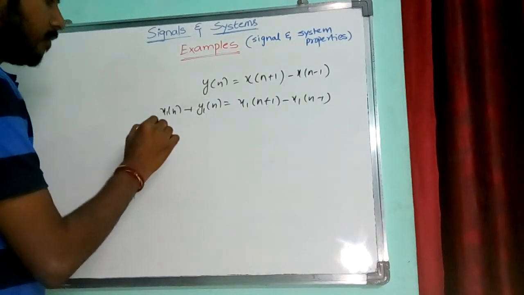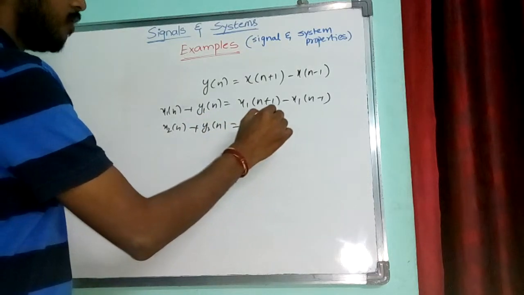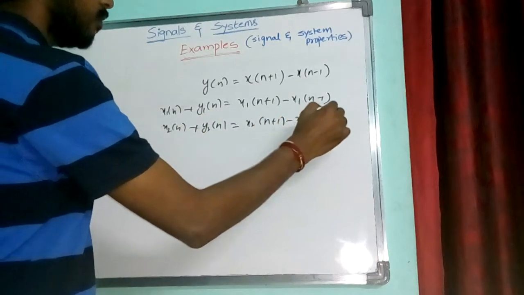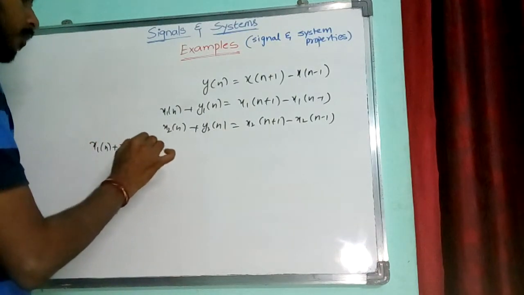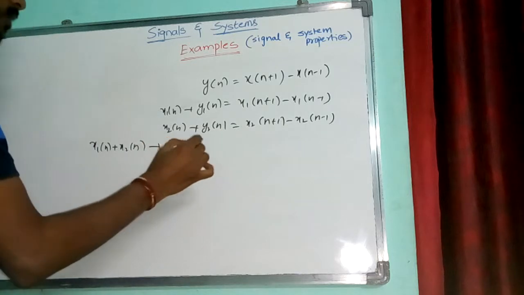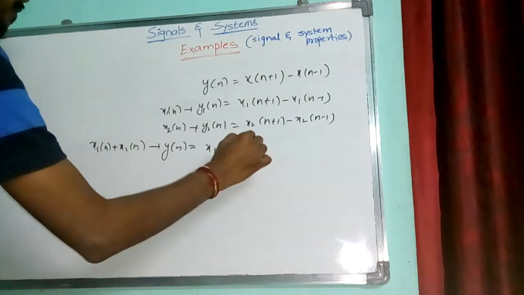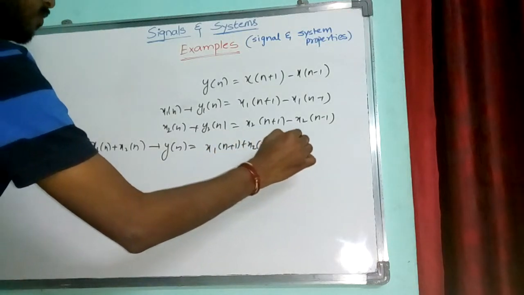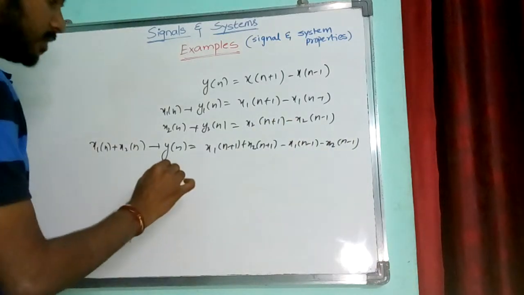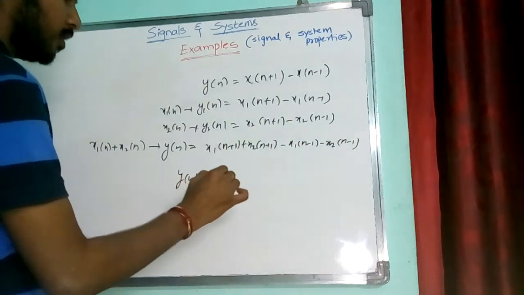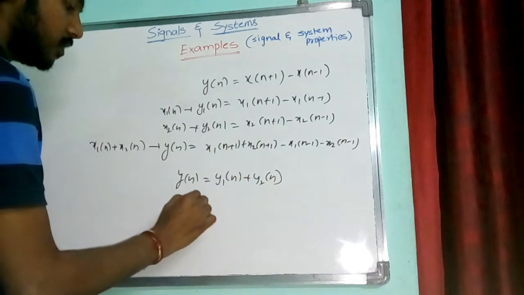Similarly, whenever x2 of n is the input, y2 of n is the output, which is x2 of n plus 1 minus x2 of n minus 1. Now, whenever x1 of n plus x2 of n is the input, y of n is the output, which is x1 of n plus 1 plus x2 of n plus 1 minus x1 of n minus 1 minus x2 of n minus 1. Now if you can see, y of n is the same as y1 of n plus y2 of n. That means the system is linear.